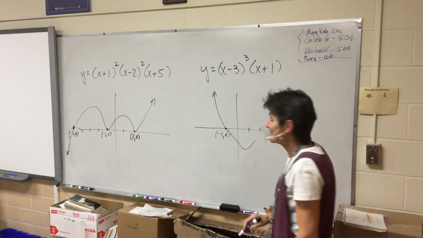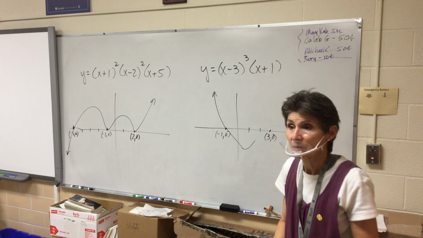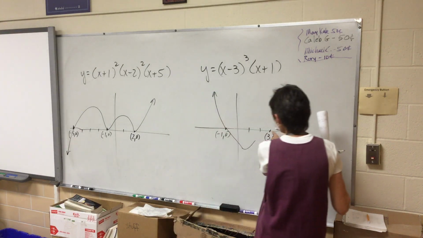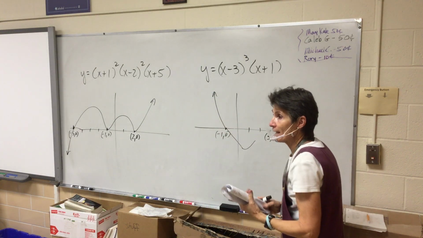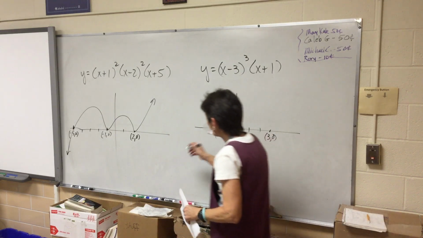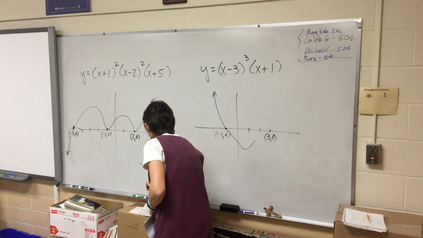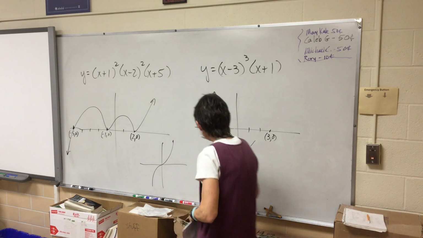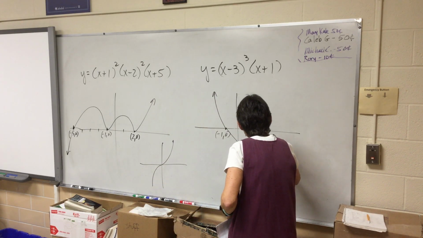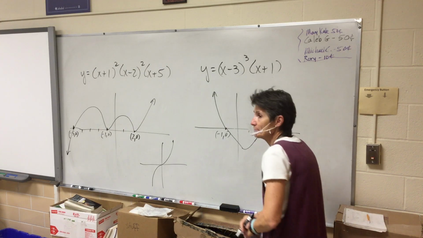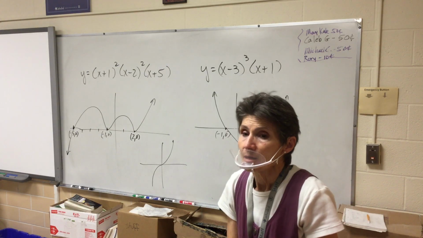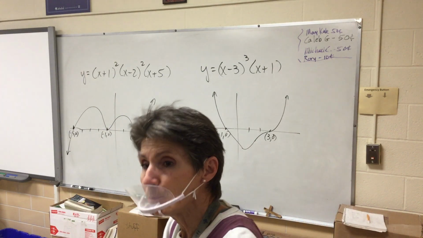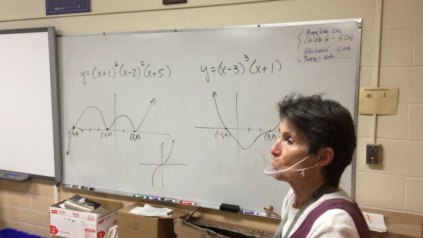Now, here's where things get a little bit tricky. That factor right here, that's a cube factor. So remember when you draw x cubed, remember how it kind of squiggles like that? When you draw this, you're going to kind of squiggle it through. Wait, what? Just because it's cubed? Exactly. An x cubed factor squiggles.